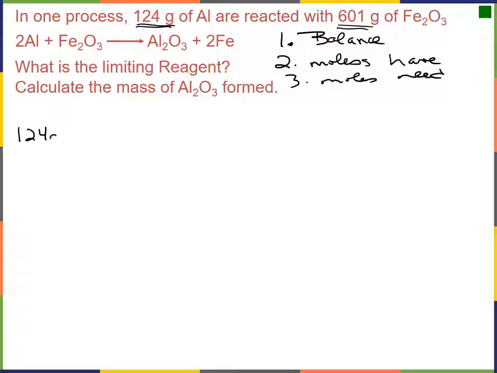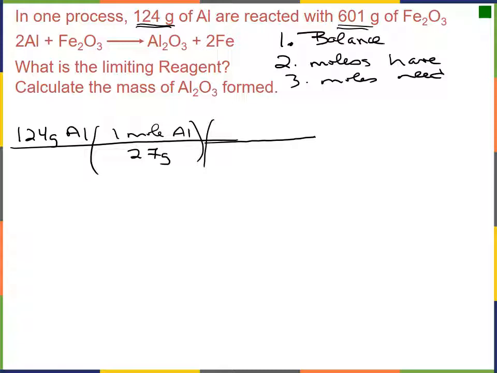We're going to take 124 grams of aluminum. We know the molar mass of aluminum is 1 mole of aluminum for every 27 grams of it. And I'm going to combine this just to save space. We're looking at this product. We could look at either product, but we're choosing to look at aluminum oxide. And we know there's 1 mole of aluminum oxide for every 2 moles of aluminum.